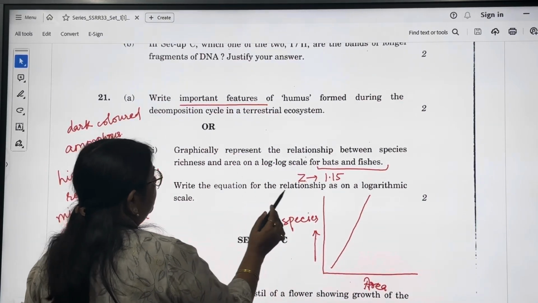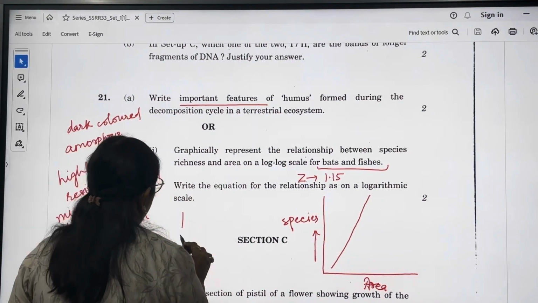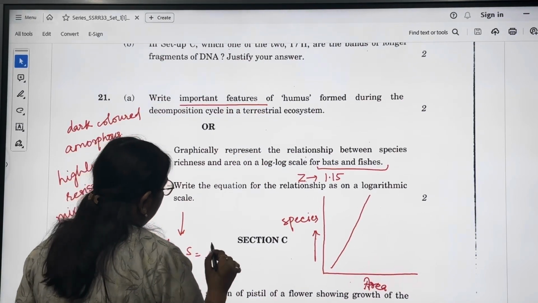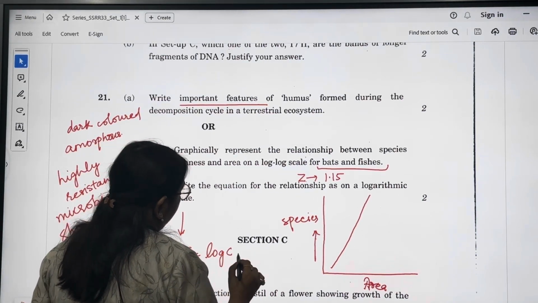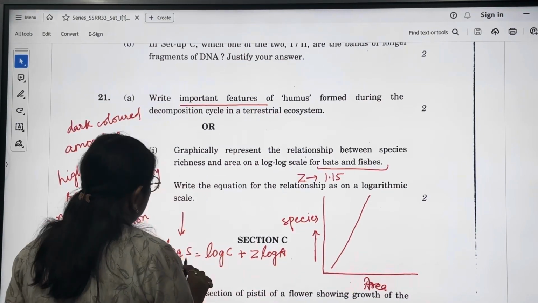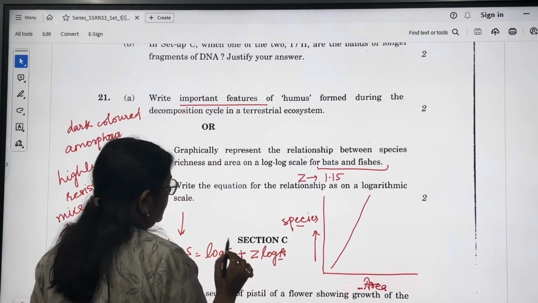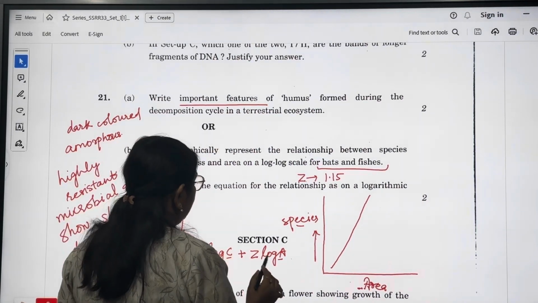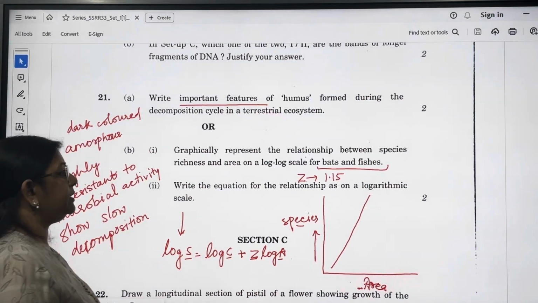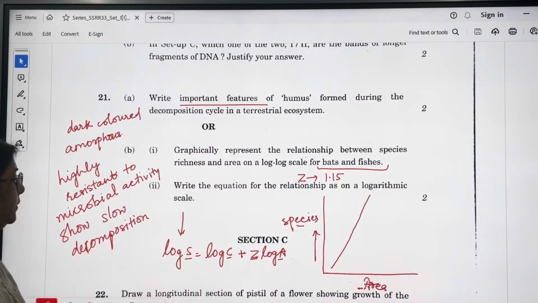Then write the equation for the relationship on a logarithmic scale. Log S is equal to log C plus Z log A. S for species, A for area, C is y-intercept, and Z is regression coefficient, or you can say the slope of the line.